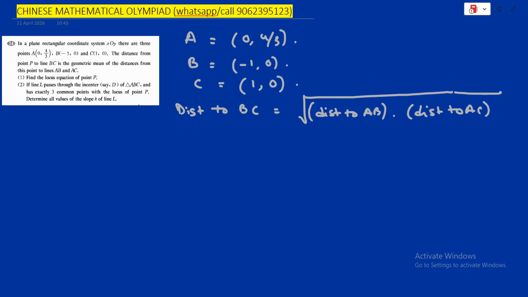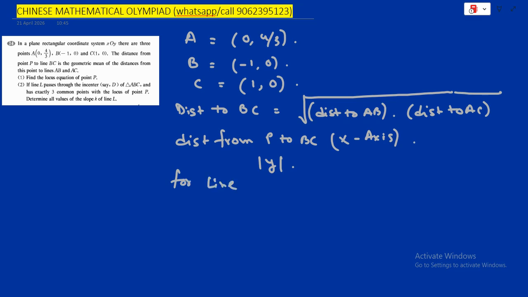So the distance from P to BC, that is the x-axis, is just mod of y. For line AB, the slope is (4/3 - 0)/(0 - (-1)), which is definitely 4/3.